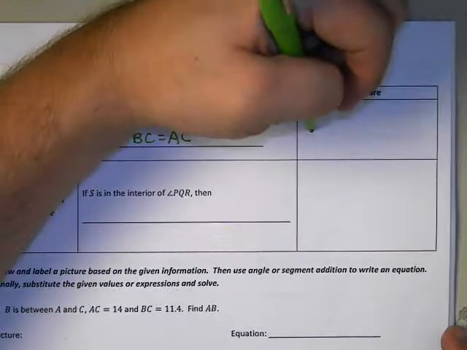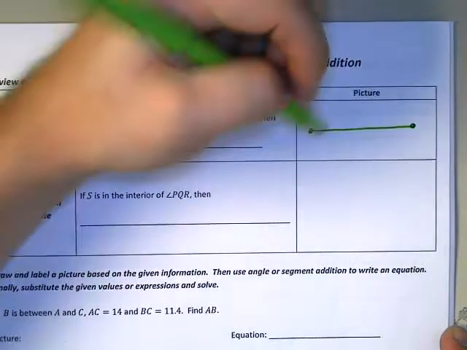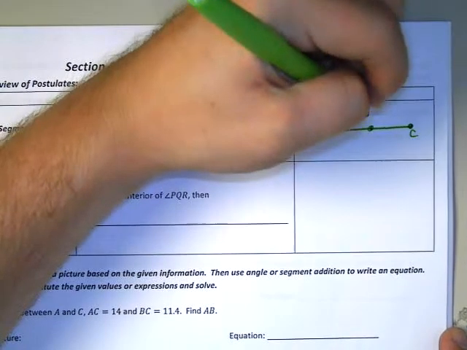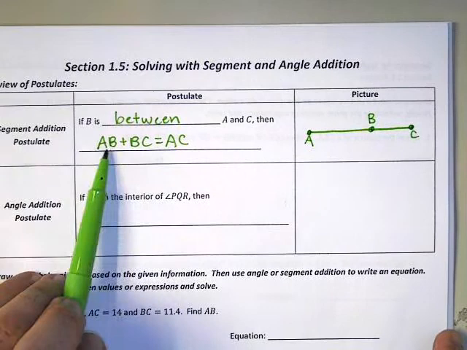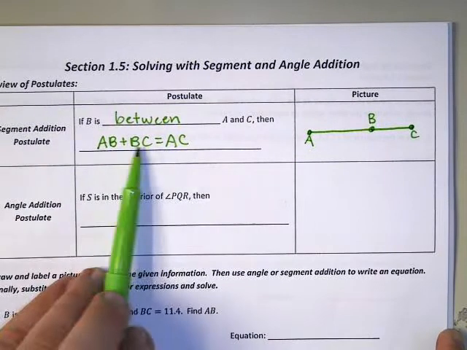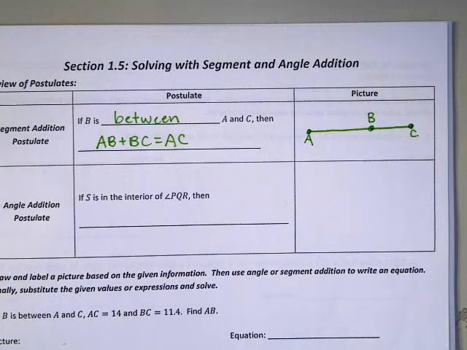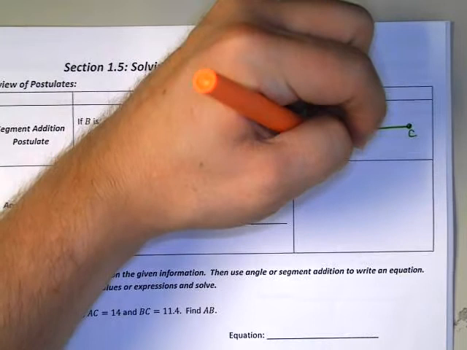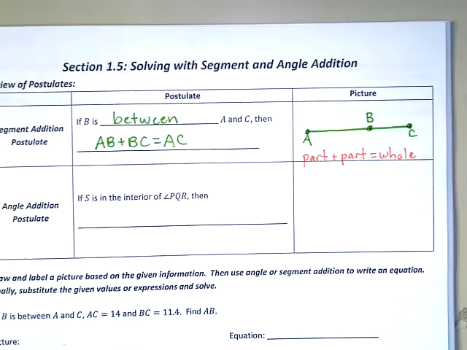If we have A and C and B is somewhere between, then AB, the distance from A to B, plus BC has to equal AC, or the whole, right? Part plus part equals whole. Let's write that down. Just a little refresher.